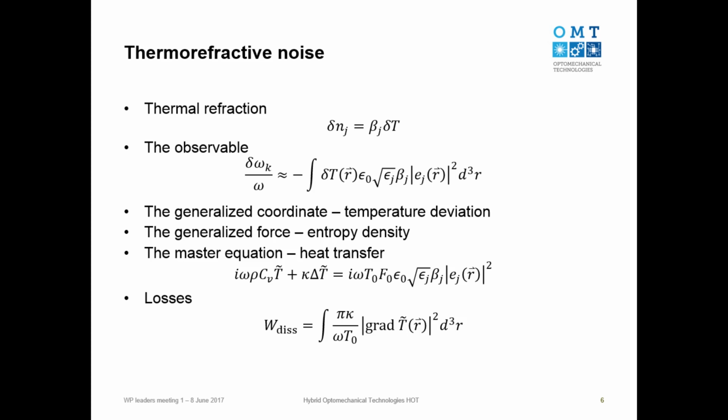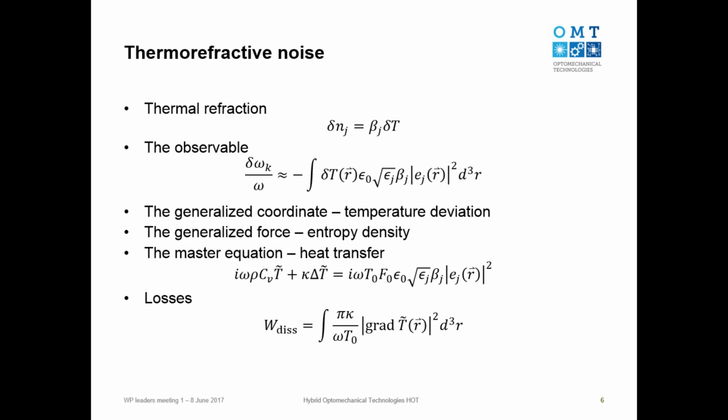Yes, it's natural, it's fundamental. Why do you have intensity in your equation? Well, E squared is the intensity, if I'm not mistaken. Yes, it is intensity, but I don't really care about how I call it. You can get to thermorefractive noise in different ways.